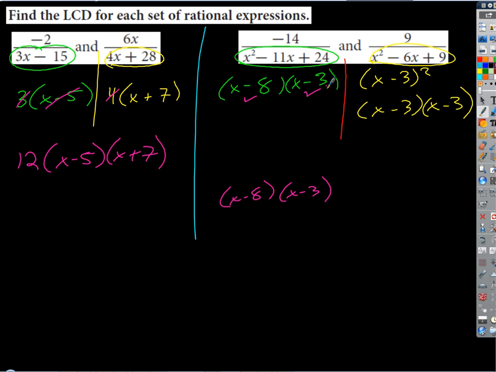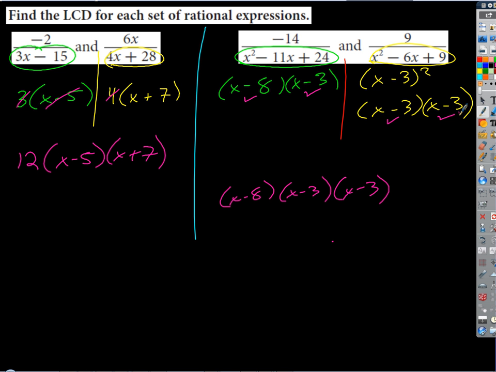But the x minus 3 also takes care of one of those, right? What else do I need? I can't just have one x minus 3 because over here the denominator is x minus 3 squared, right? So would everybody agree I need another x minus 3 there to take care of that one?